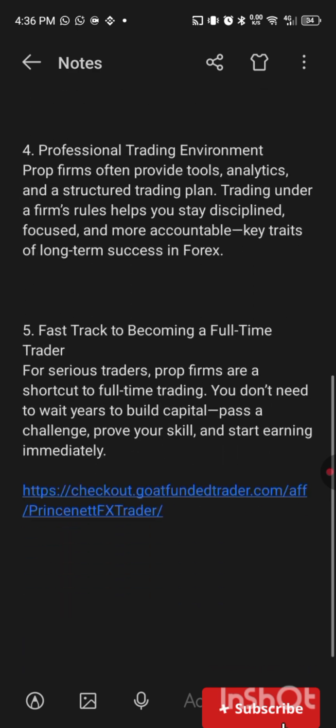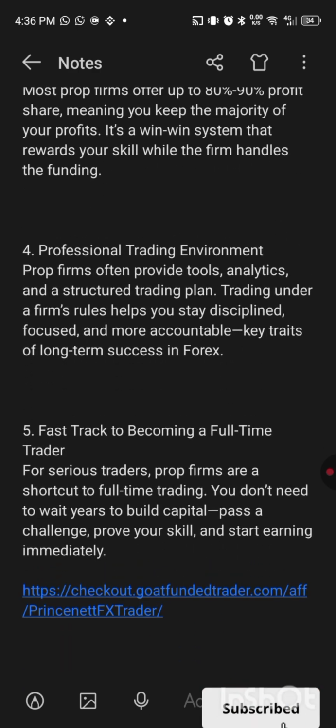And the last but not the least is the fast track to becoming a full-time trader. For serious traders, profiles are shortcuts to full-time trading. You don't need to wait years to build capital. Like I said, you have a $100 account now, let's say on your MT5 or MT4. For how long do you want to use $100 to make $1,000?